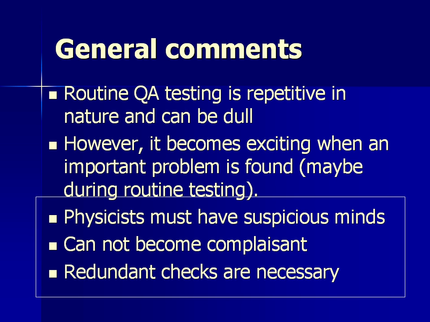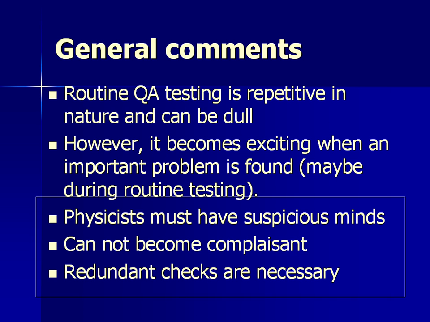So that's our job. When we go to do QA, we don't want to be complacent. That's a very bad characteristic to have. My clinical training was at Memorial Sloan Kettering, and I was taught that when you approach a QA task, you assume that there's something wrong until you find out that everything is right.